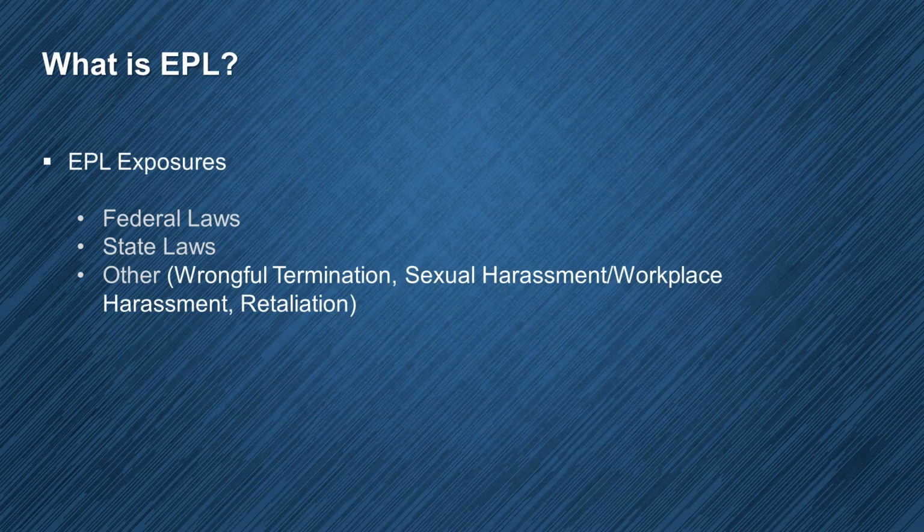Then in 1991, when the law was amended, it was broadened, and plaintiffs were now allowed to bring the complaint in front of a jury of their peers. This has led these claims to becoming more unpredictable, and it brought on the first EPLI policy. Insurance companies saw a need for coverage of these types of claims to protect businesses, and again, small businesses.